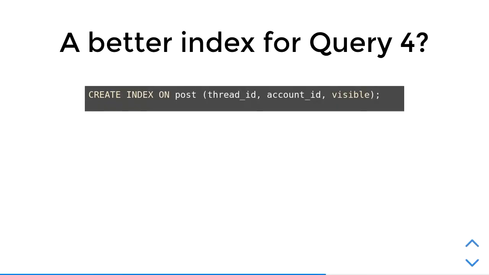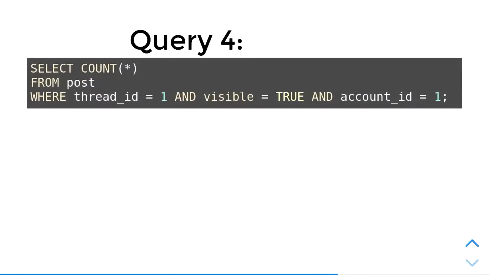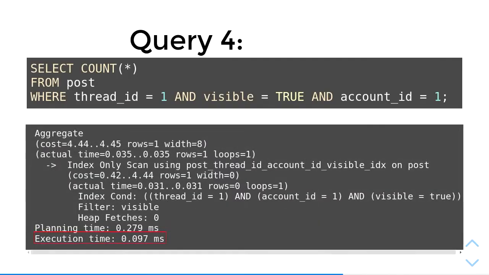Can we do a better index for query 4? Because the query 3 one was good, but query 4 uses 3 different fields. So let's index all 3 fields, and maybe we'll get something better again. And remember, query 4 is a count, which means if we have all the information we need in the index, we might get an index-only scan, which is the most efficient we can hope for. Well, sure enough, we get an index-only scan, because all 3 terms that we want to filter on are available in the index.